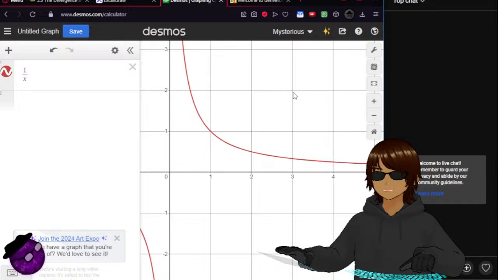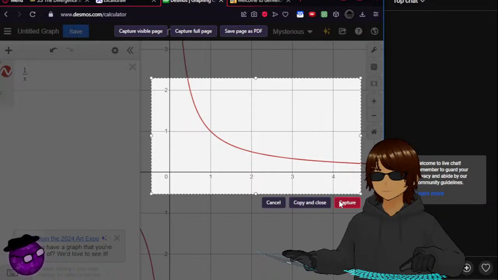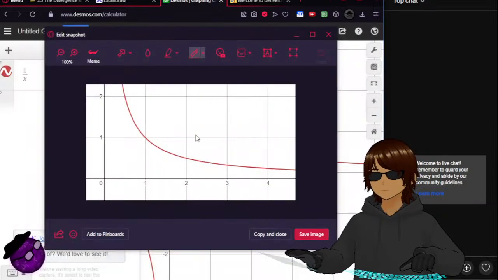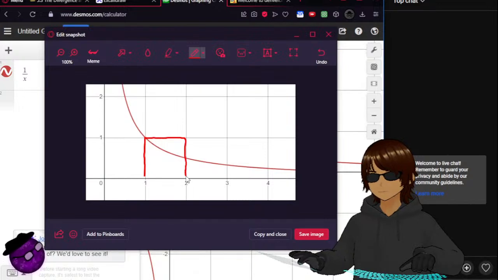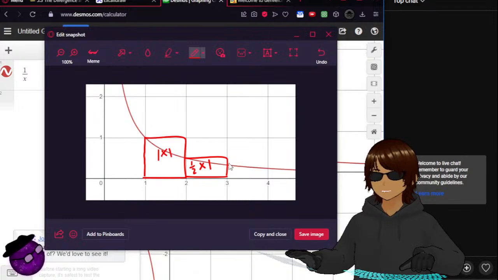Can I draw on this? Yeah. This here would be 1, and then this here would be half. This area would be 1 times 1. This would be half times 1.